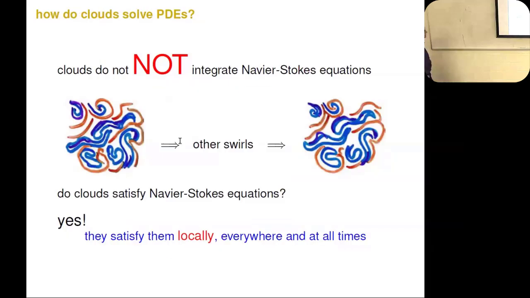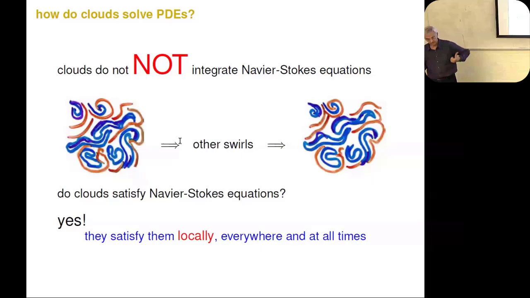And the main thing, conceptually, is that what do clouds do? They satisfy Navier-Stokes equations in the following sense, in what we thought about when we were writing our field theory. I'm here, and it says if I'm 6 feet tall, I can grow to 8 feet.